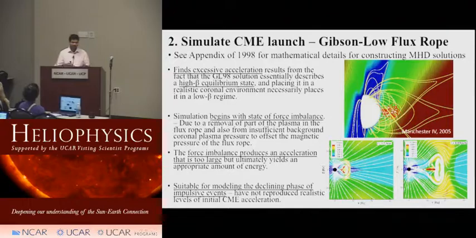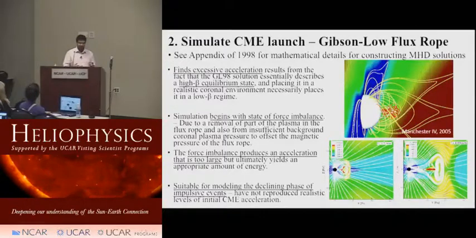So that's the same idea as you're trying to destabilize it by just removing fields in different locations so that you can get this thing to erupt. And it's this idea that you have this force imbalance that creates this acceleration. And in this case, and this is the important part, the force imbalance produces an acceleration that is actually too large to be correct. But for some reason, it ultimately yielded appropriate amounts of energy, which then made it look similar to observations.